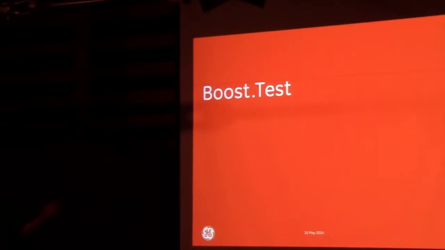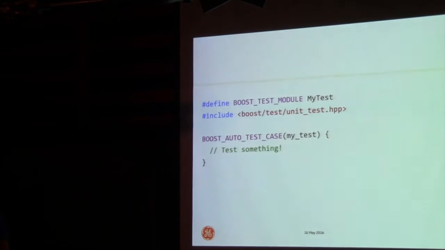Boost.Test. I wanted to double check how an actual unit test framework does this, and this was the solution I came up with. In Boost Test, you define your test module, include your header, and then register your test case like this. Pretty straightforward, looks very similar to the solution I came up with.